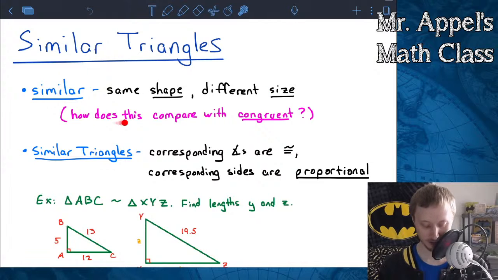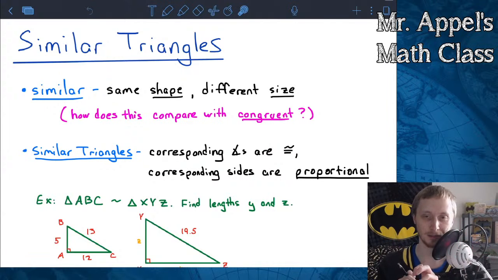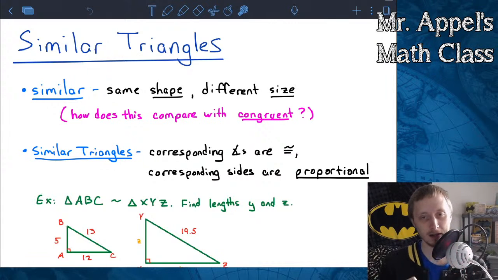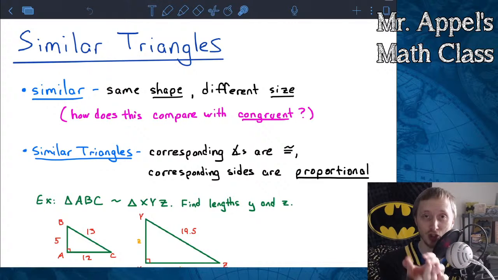Now my question then becomes, well, how does that compare to congruent? Congruent, we said, means the same shape and same size. Exactly the same, identical. Whereas similar means we've taken one and we've scaled it up, right? We've zoomed in, or maybe zoomed out. You could scale it down, make it smaller. We've shrunk it without changing it in any other way.